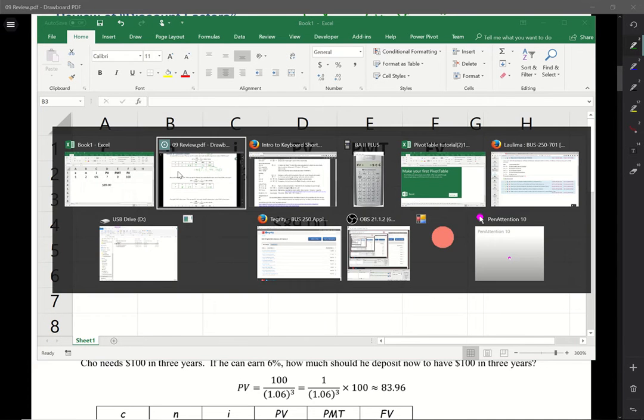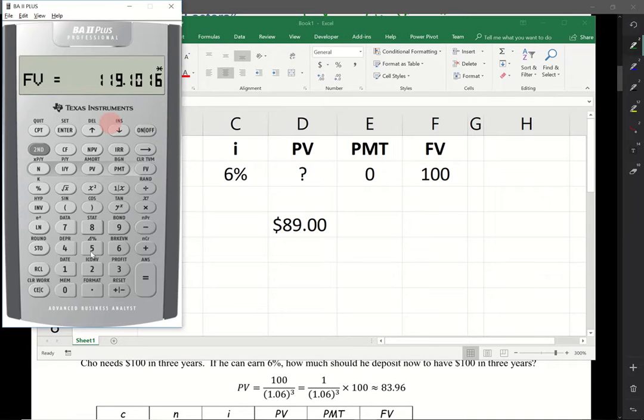Oh, you know what? I think I forgot to do it on the calculator, so we'll do it really quickly. And so here we'll just put in $100 for the future value, and then let's see what we have in n. In n we had 3 from 4, so actually let's set that equal to 1. Okay, and now we want to compute the present value, and that is our $94.34 basically.